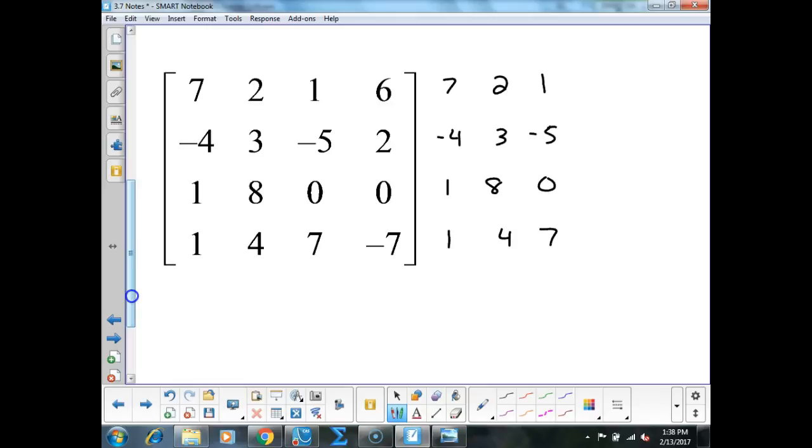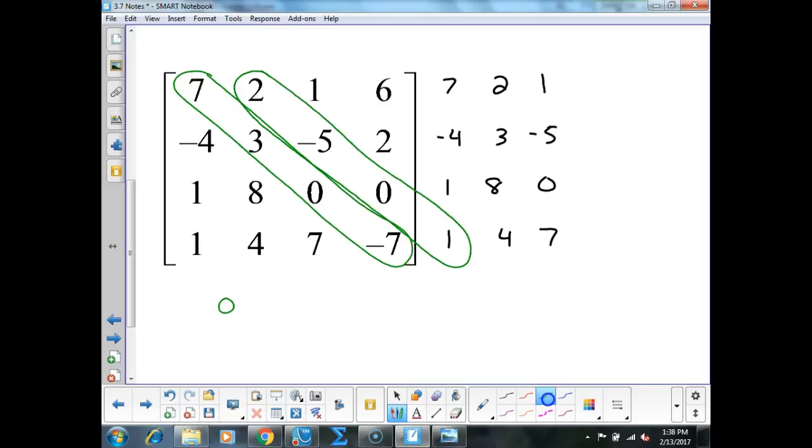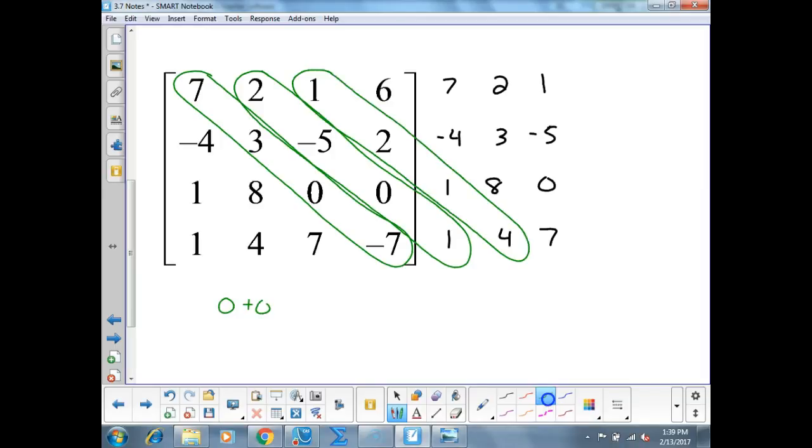Then I would have 4 Chris's. So my Chris's: 7, 3, 0, -7. 0. 2, -5, 0, and 1. 0. 1, 2, 1, and 4. 8. 6, -4, 8, and 7.